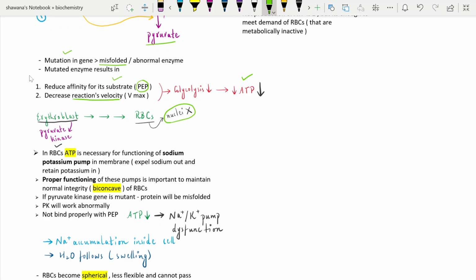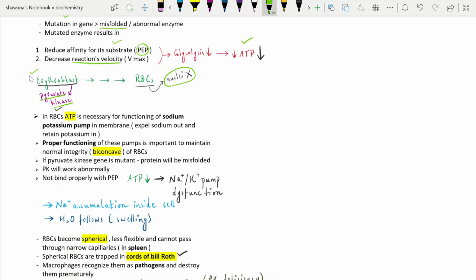What are the RBC precursors? These are erythroblasts. Erythroblasts go through a series of reactions and are converted into reticulocytes, and eventually we get the erythrocytes, which are RBCs. In the erythroblast there are genes for pyruvate kinase, and here they are mutated and not functional when the RBCs mature. So we were talking about ATP becoming reduced.